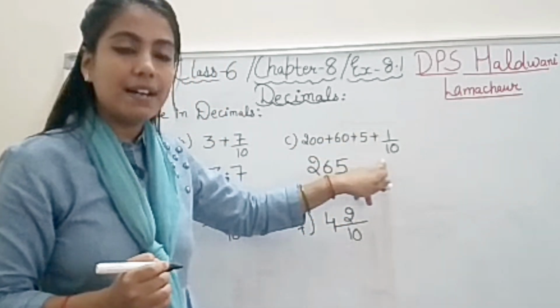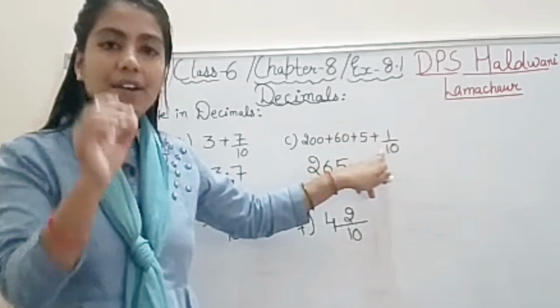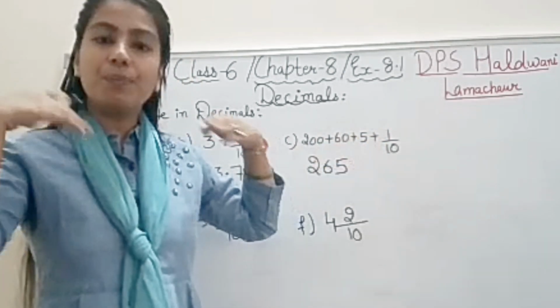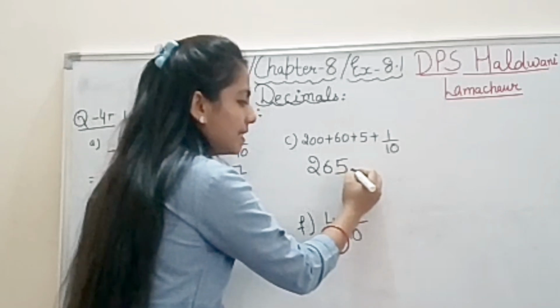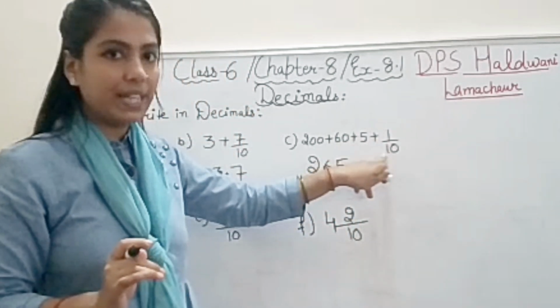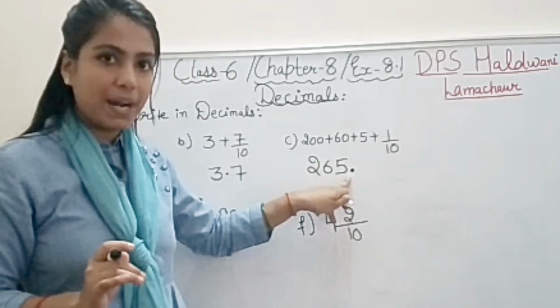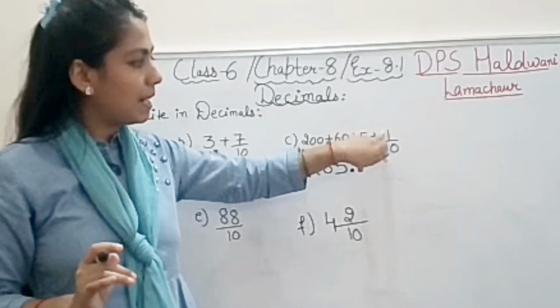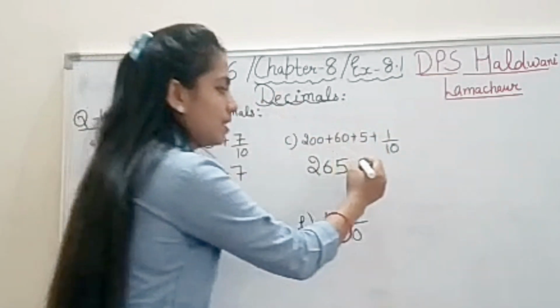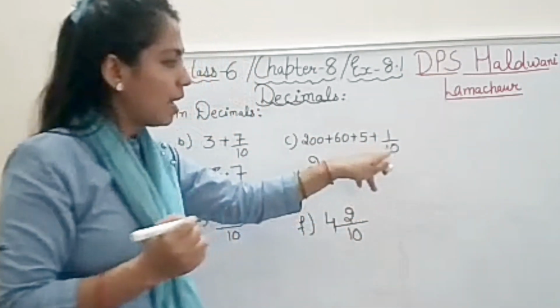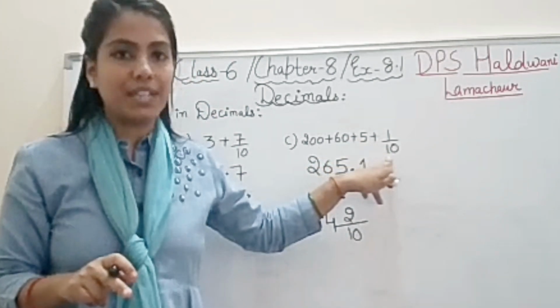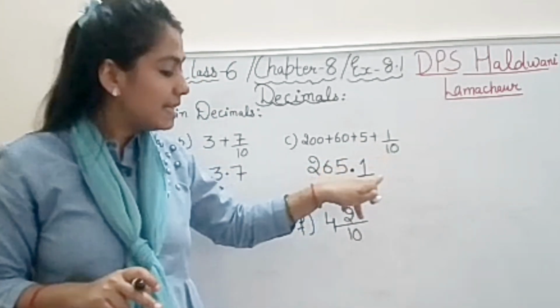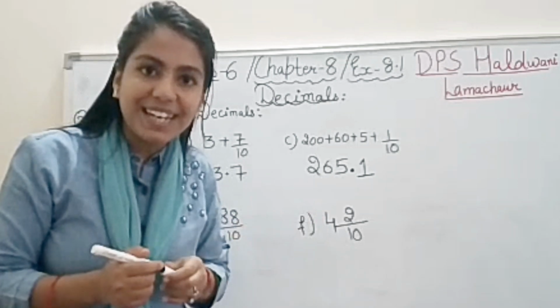Now, wherever we have the divide by 10 term, from that side you will put a decimal. Upon 10 means the decimal part starts. Now the decimal part starts from 1, so it is 0.1. This is the value for upon 10, right? Because it is the tens place, right, student?